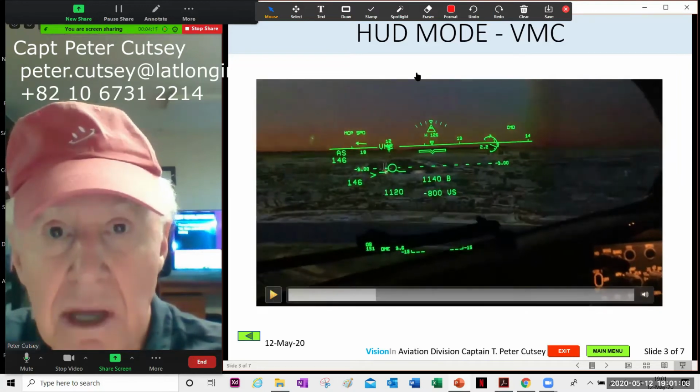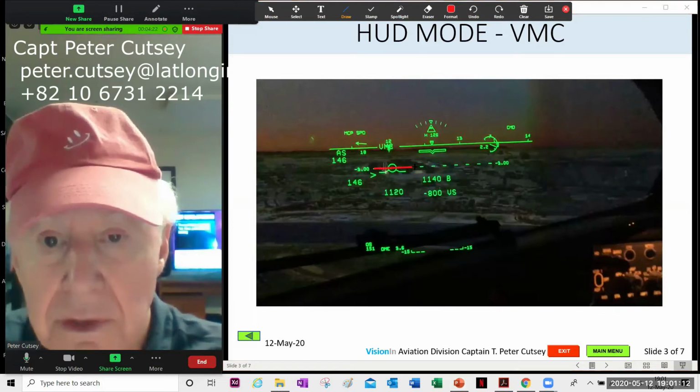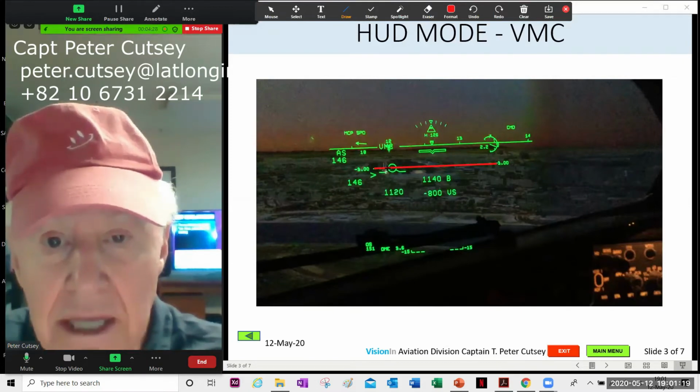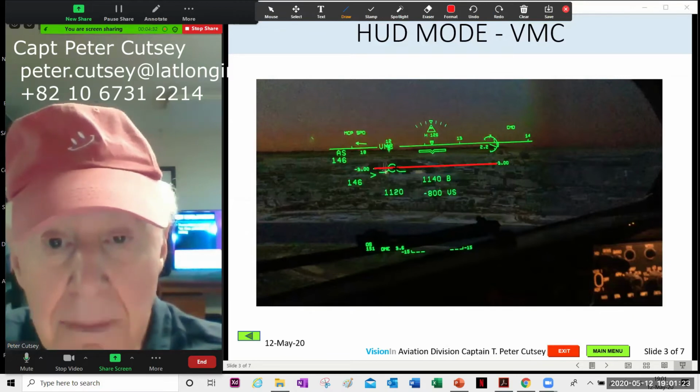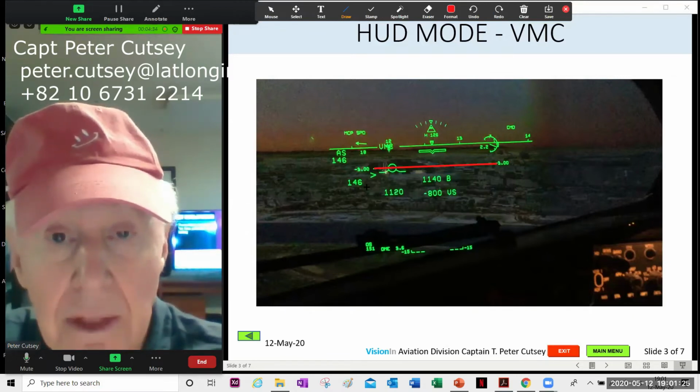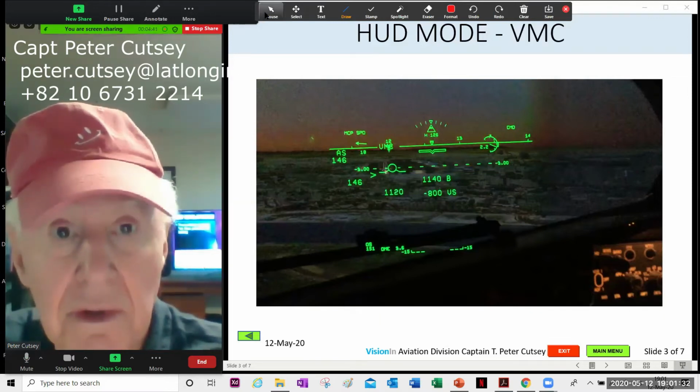Just pause that for a second and have a look at that. So there's the 3-degree glide path line that you set up in the MCDU. And you'll find that as we get closer to the runway itself, that line will actually be lined up with the poppy. Let's continue.